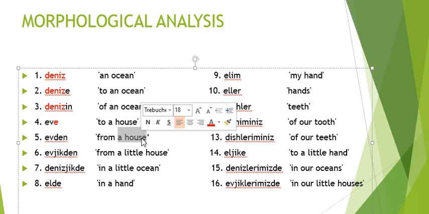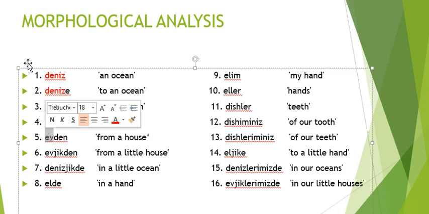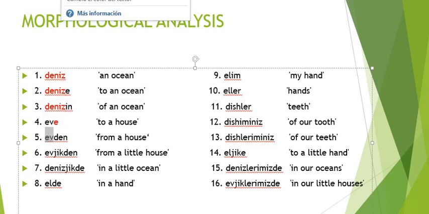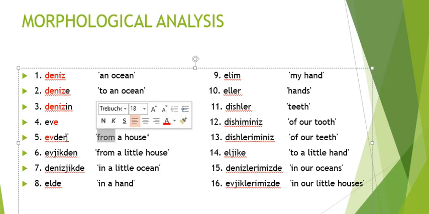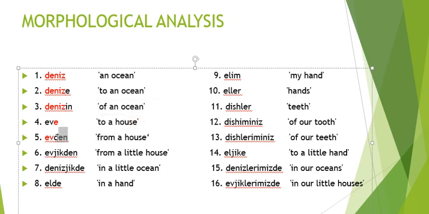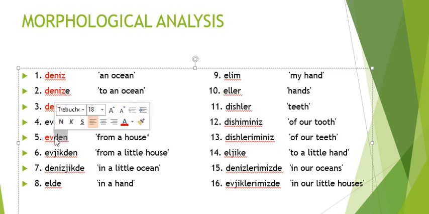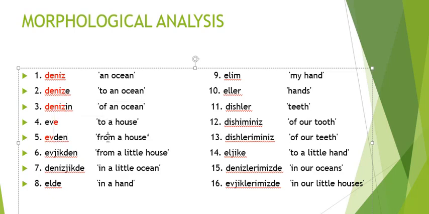A house in Turkish is ev, so you are going to color or cross out the morpheme ev. So that means that in Turkish, from is what? Then. Is then, because it is the only morpheme that remains there if you remove the morpheme ev. So from logically is then.